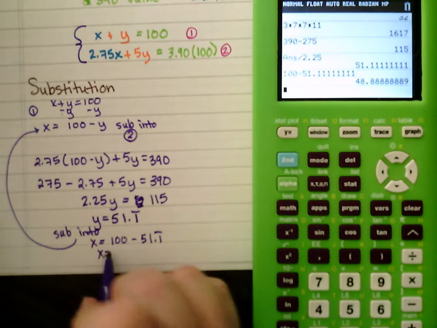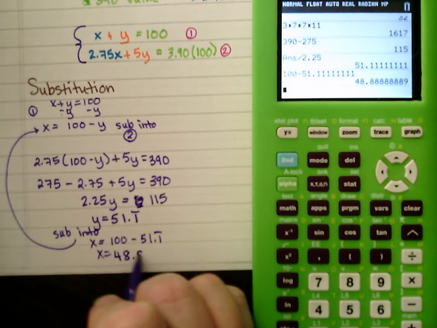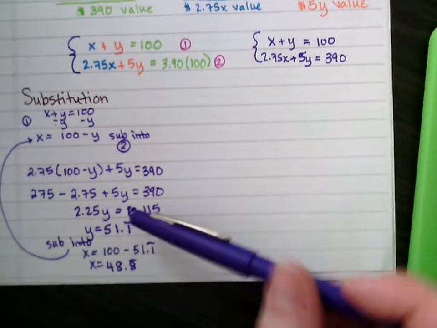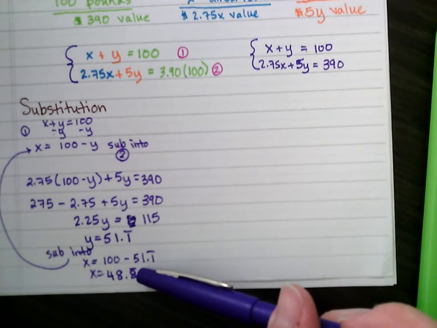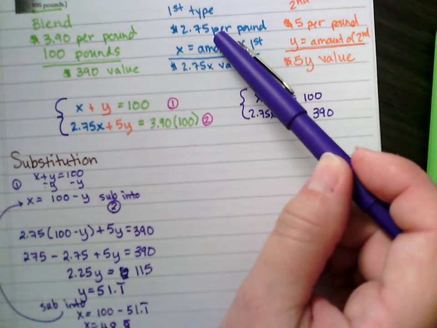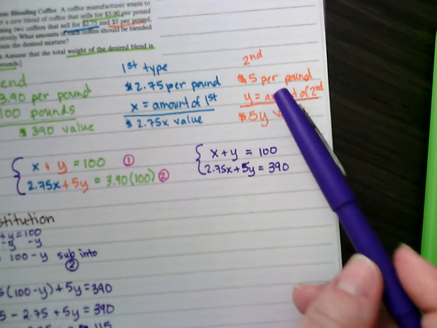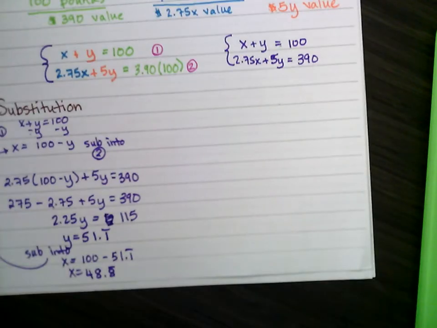And x would equal 48.8 repeating. So whatever they want us to round to, then we should use 48.9 pounds of the $2.75 coffee and 51.1 pounds of the $5 coffee. So that is if we're solving by substitution.